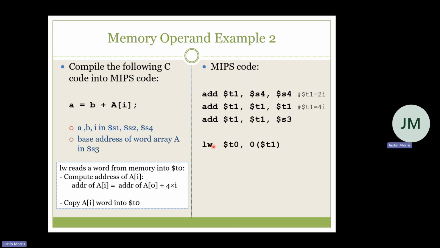And now when we do our load word, we don't have this offset. And the reason that we have this instruction, rather than just putting T1 here and S3 here, is because this is an immediate field. You cannot put another register here. There's only 2 registers to specify, the destination and the base address.